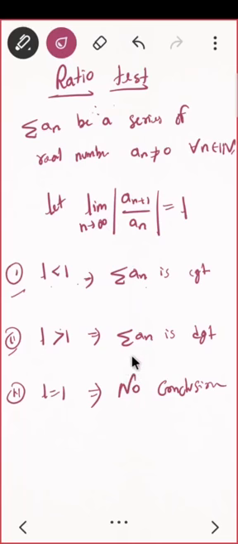The next one is the root test. Same thing here also. What is the root test?